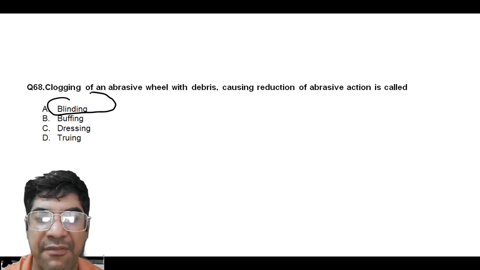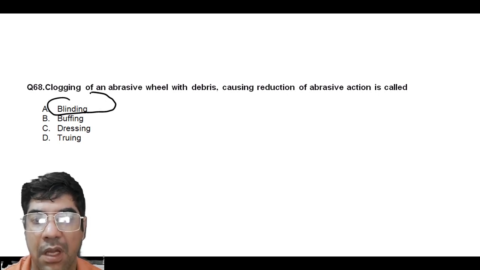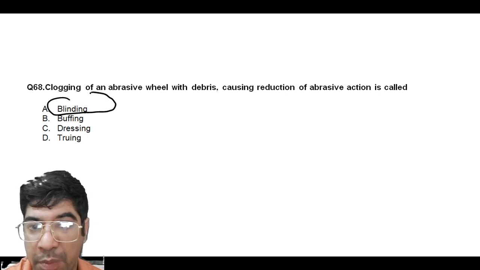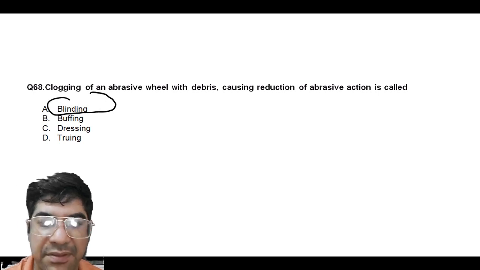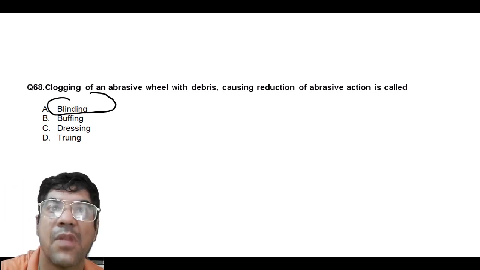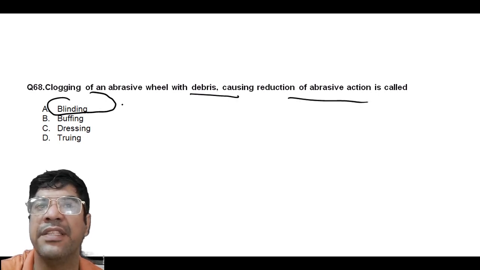Truing is a procedure in which the abrasive instrument is adjusted or reshaped so that it rotates without wobbling when placed on the workpiece. It is done to make sure that the abrasive tool is properly aligned and balanced for precise and effective grinding. So the clogging of the abrasive wheel with debris causing reduction of abrasive action is blinding.